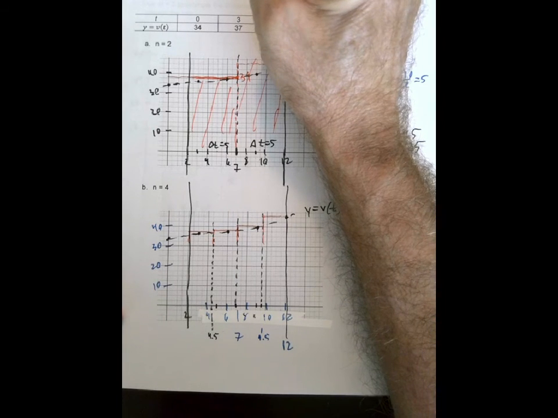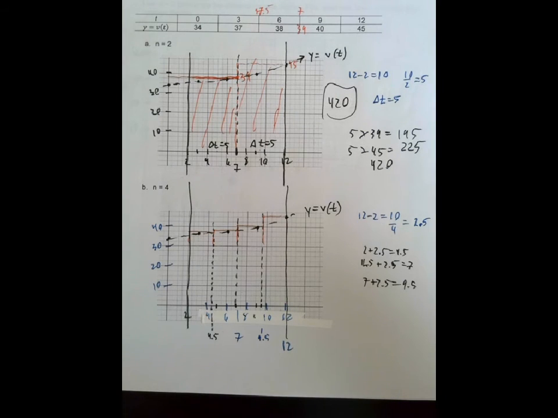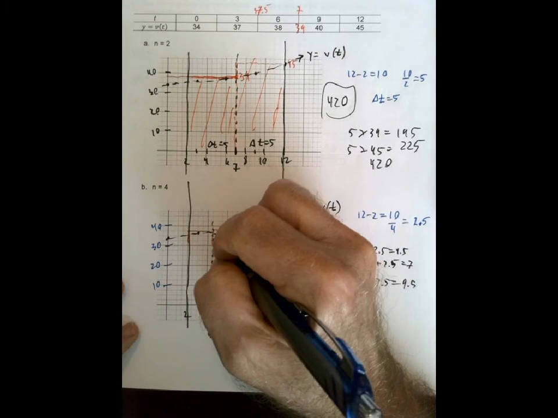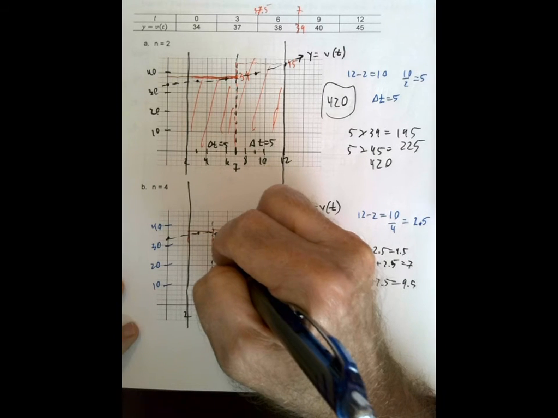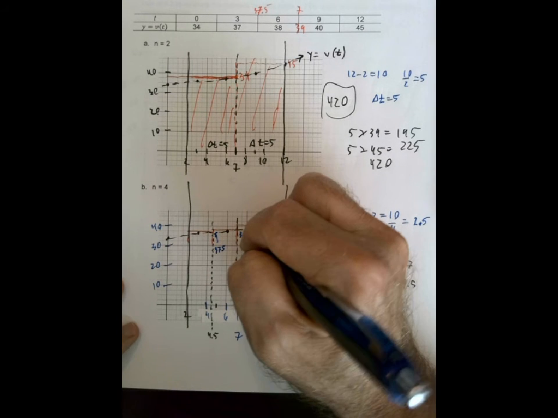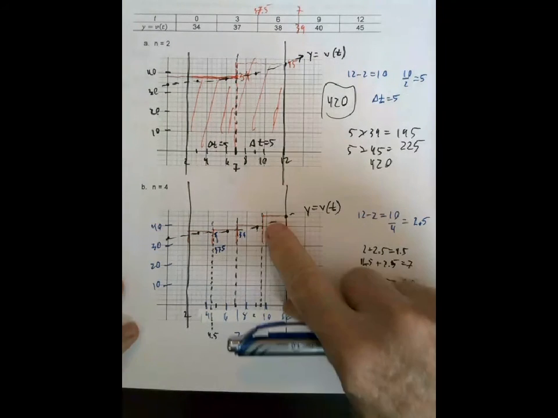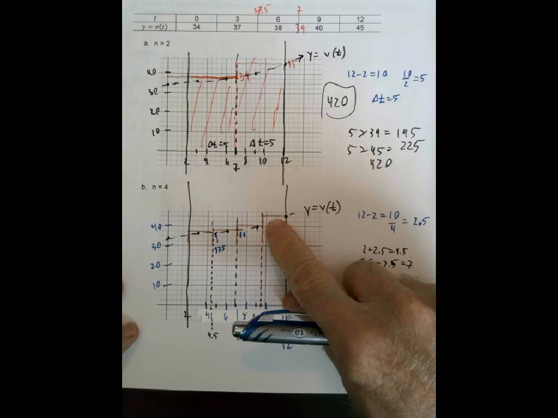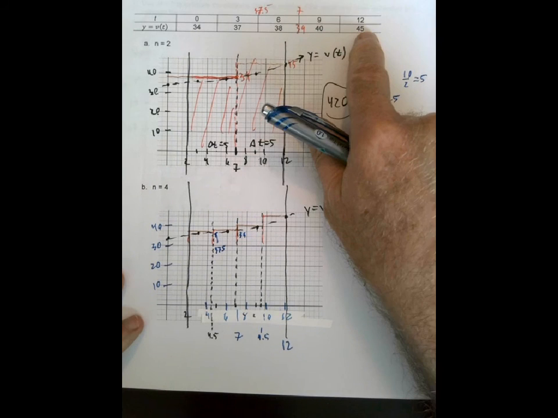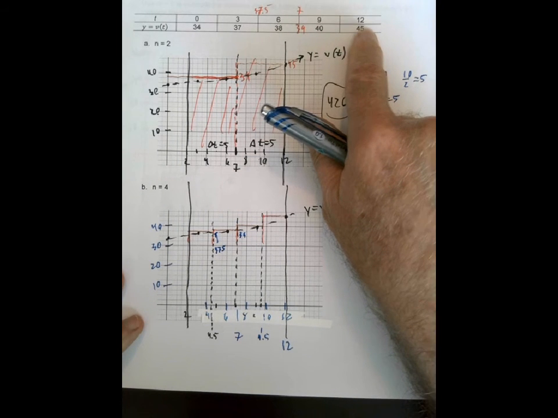That might be halfway between 3 and 6. So this rectangle here is going to be 37.5. This is the rectangle at 7, which we already decided was 39. This is the height at 9.5, which is halfway between 9 and 12.